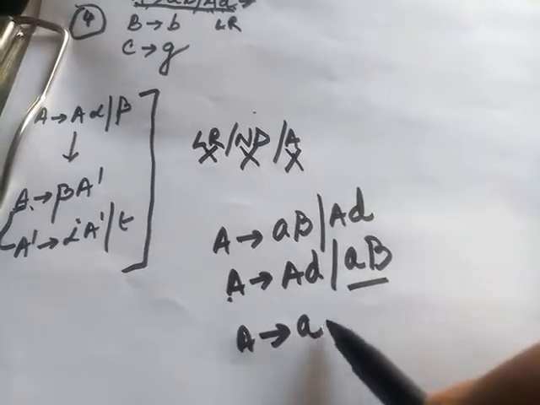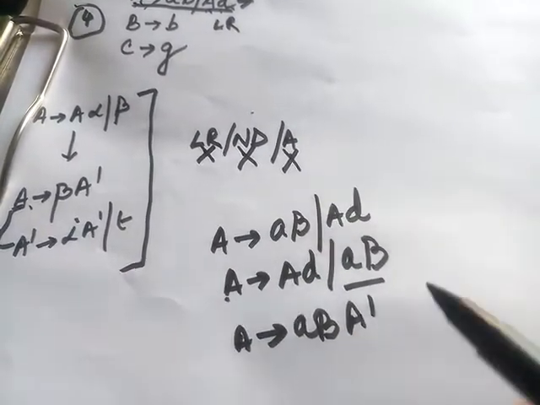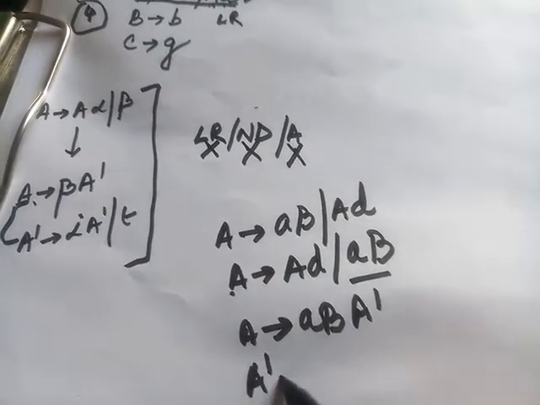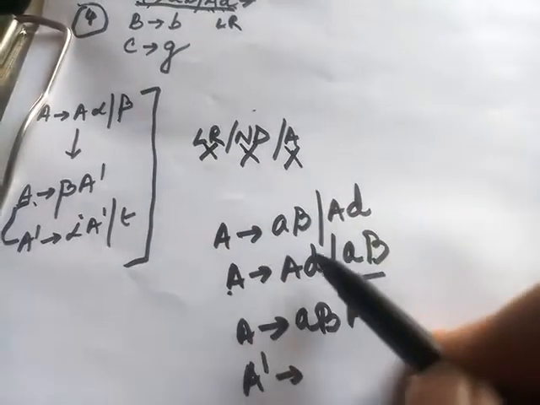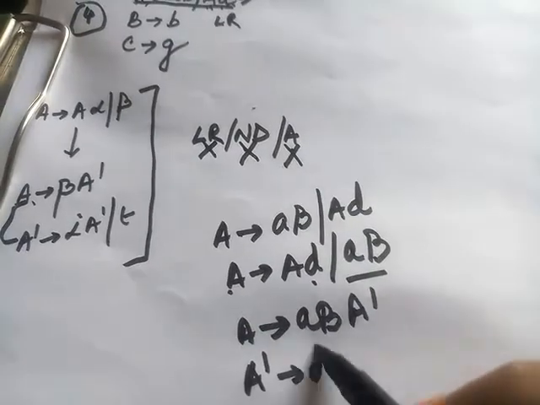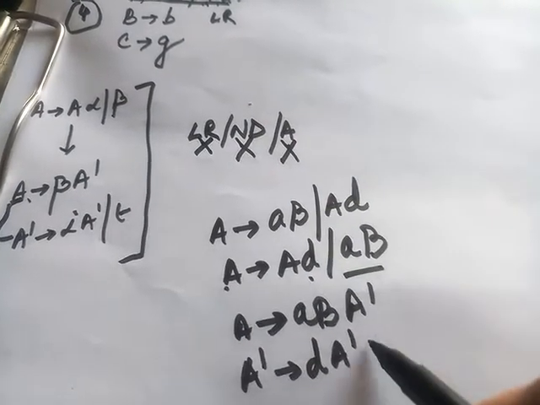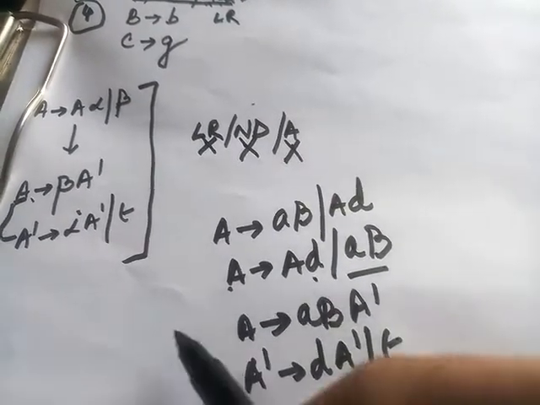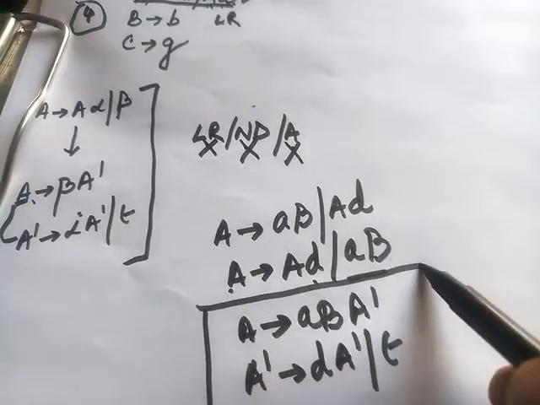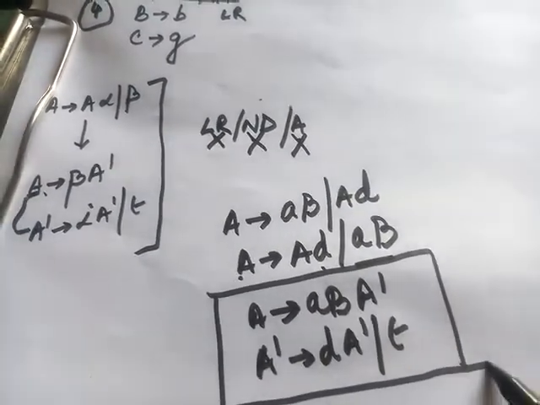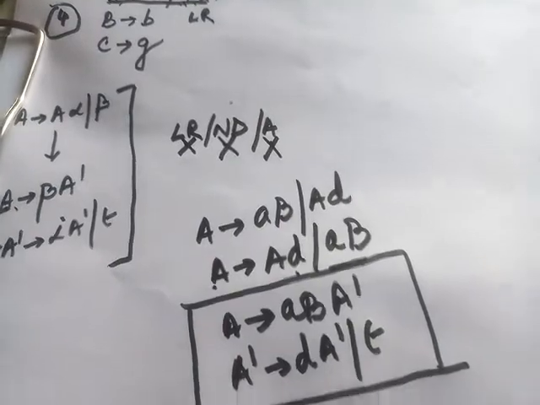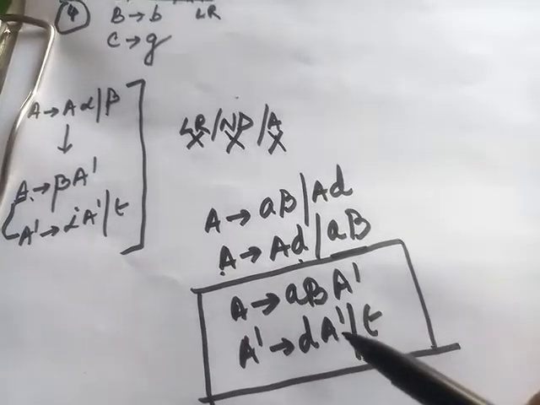So it will be A generates B A', and A' generates alpha, which means D A', and epsilon. So this is the conversion. You can watch my previous video to see how to eliminate left recursion in a grammar.